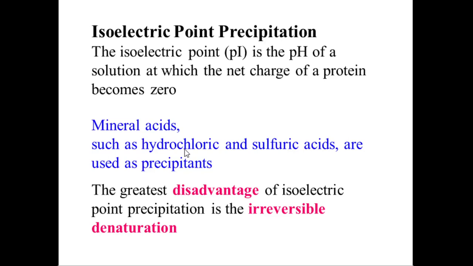The disadvantage of the isoelectric point precipitation method is the irreversible denaturation caused by the use of mineral acids such as hydrochloric acid and sulfuric acid. For this reason, isoelectric point precipitation is used, but most often to precipitate the contaminant proteins rather than the target protein or protein of interest.